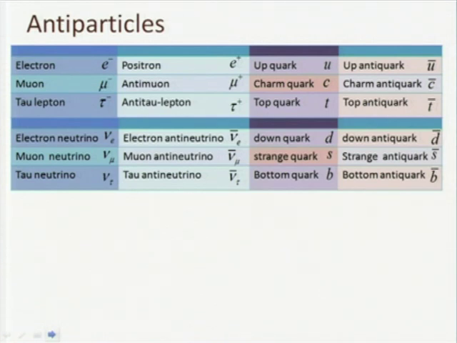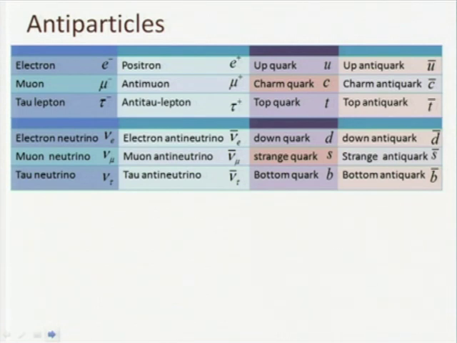The electron neutrino has an electron antineutrino, the muon neutrino has a muon antineutrino, and the tau neutrino has a tau antineutrino. Up quark, anti-up quark; charm quark, charm anti-quark; top quark, top anti-quark; down quark, down anti-quark; strange quark, strange anti-quark; bottom quark, bottom anti-quark.